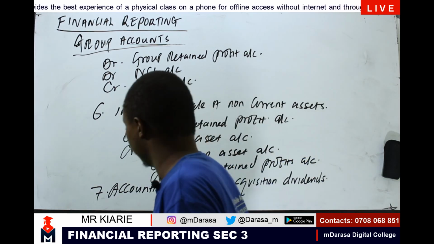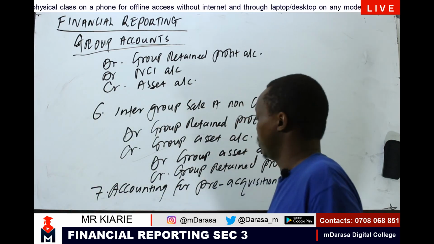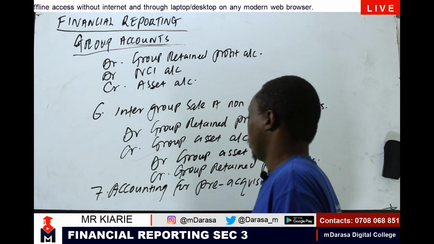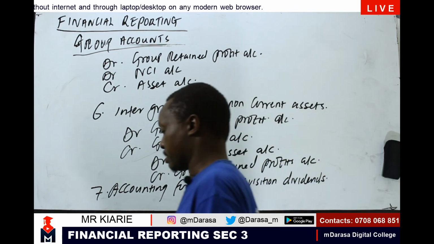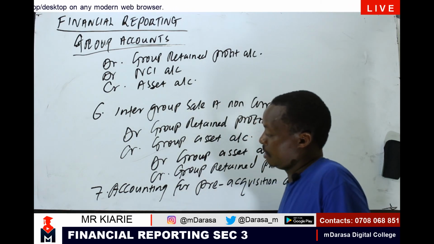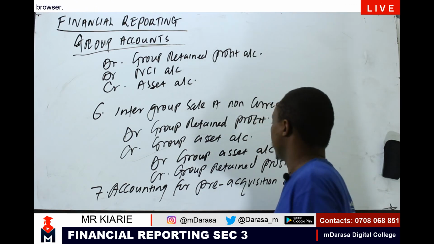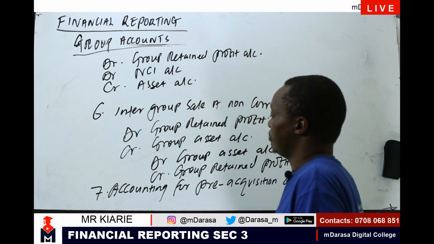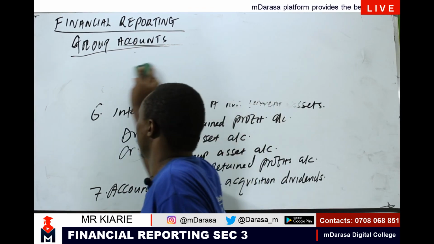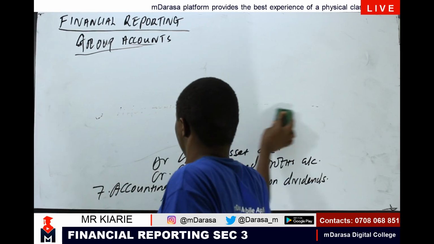Then you write below that, these are dividends arising from the subsidiary company before the date of acquisition of such subsidiary. Full stop.